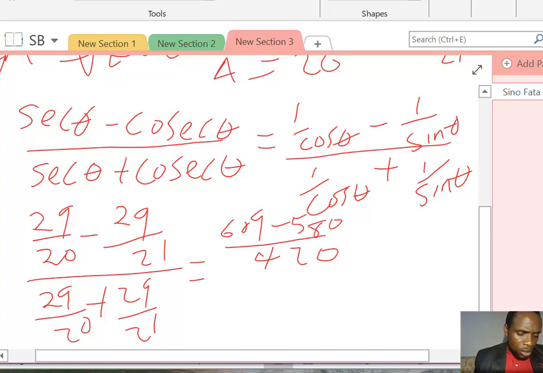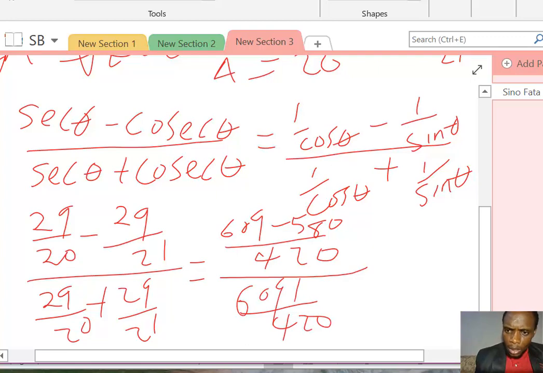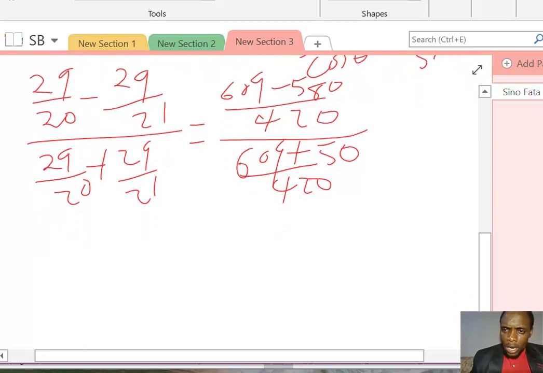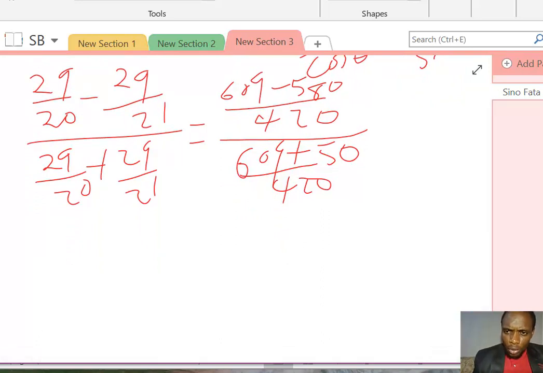Please, you can punch your calculator to verify that. Then the same thing here, we'll be having 420 as the LCM, but here it will be 609 plus 580. So we have 609 minus 580. What would that give us? It's going to give us 29.